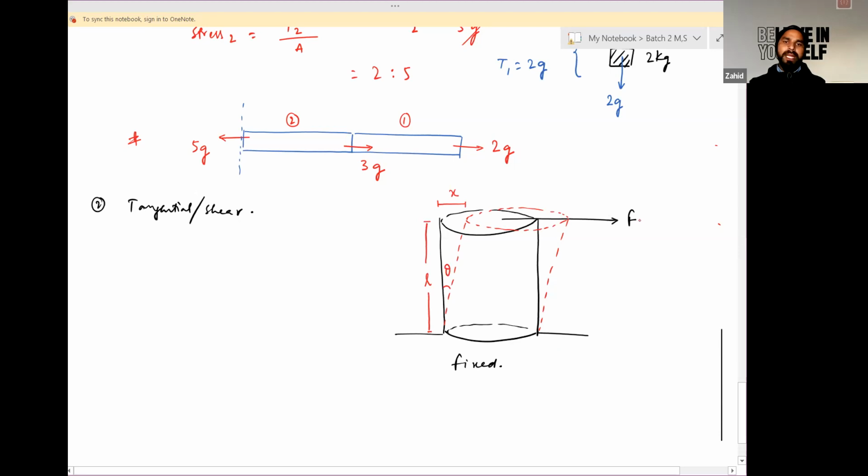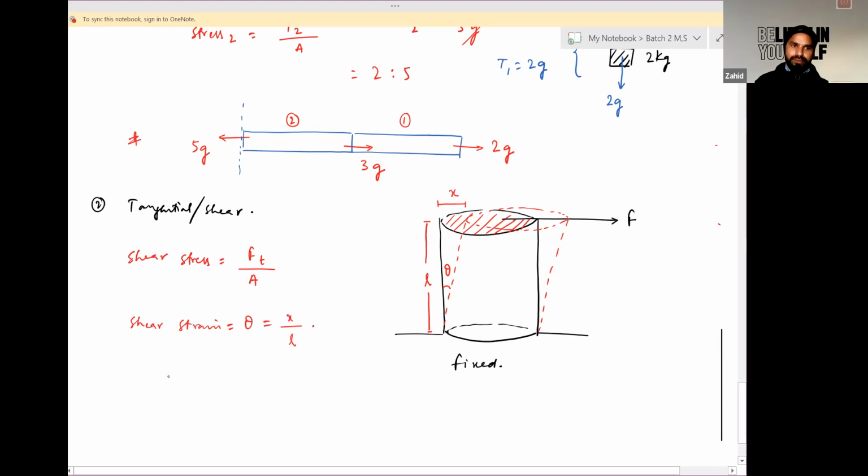So this force is applied on the surface tangentially to bend it by X amount. So shear stress equals F tangential applied per unit area of cross section. Corresponding deformation is shear strain, which equals theta, or X by L.